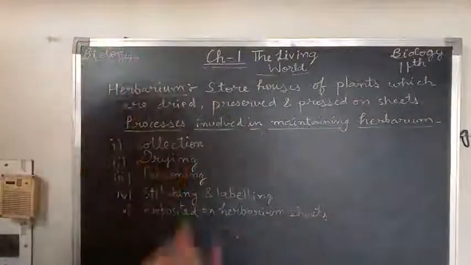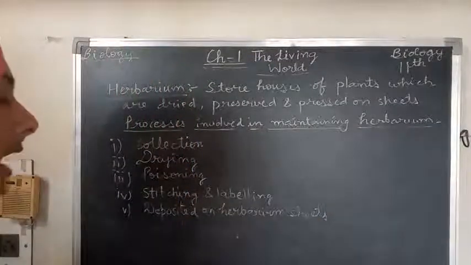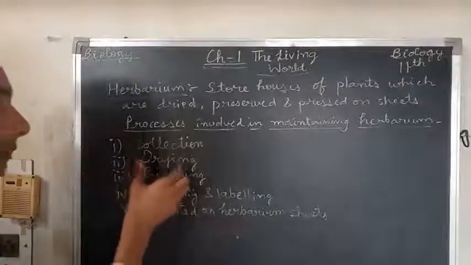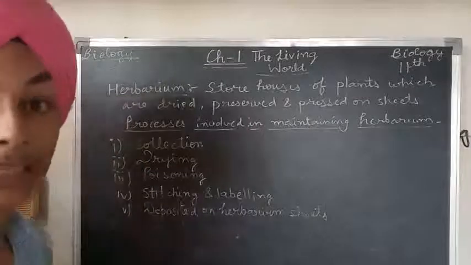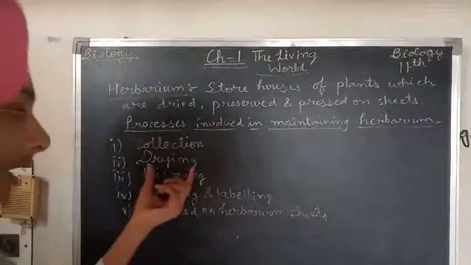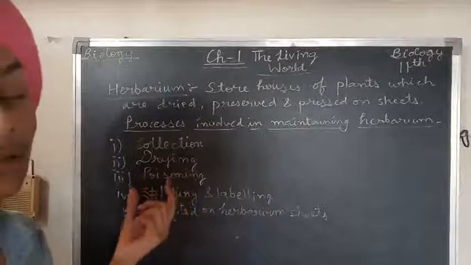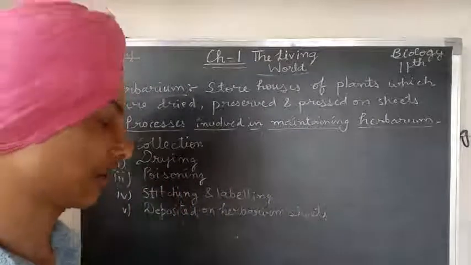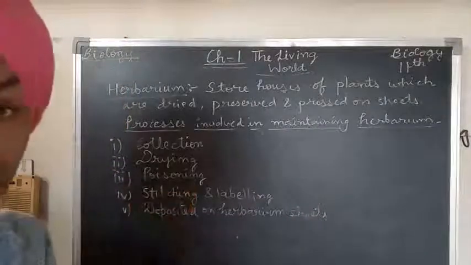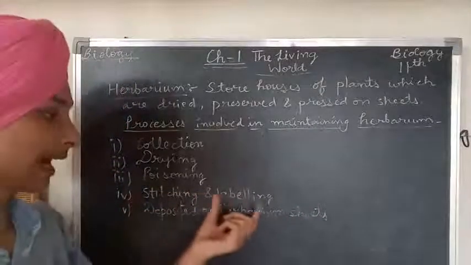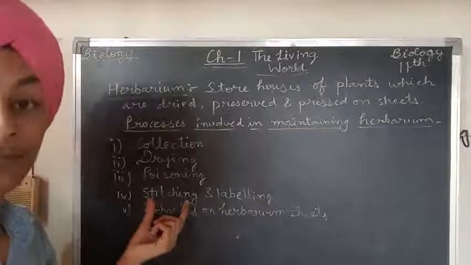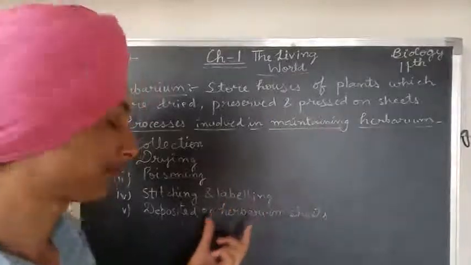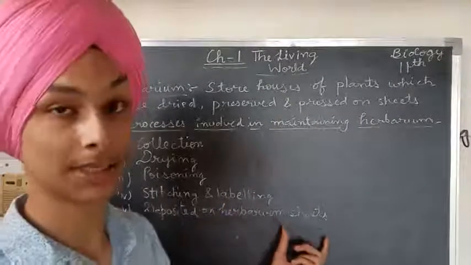Collection means to collect the plants which we have to dry, preserve and press on sheets. Drying means the plant we selected should be dried. Poisoning means protecting it from fungus and bacterial infection by use of DDT, etc. Stitching and labeling means the plants are stitched and a label is attached.